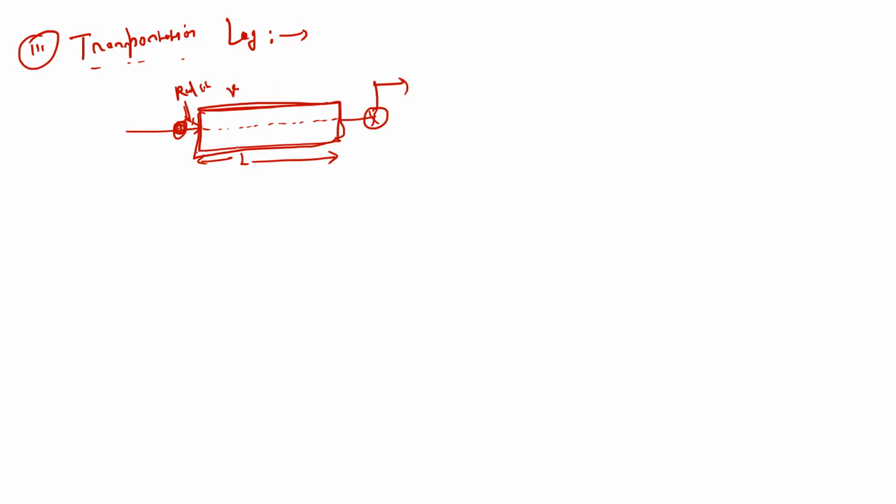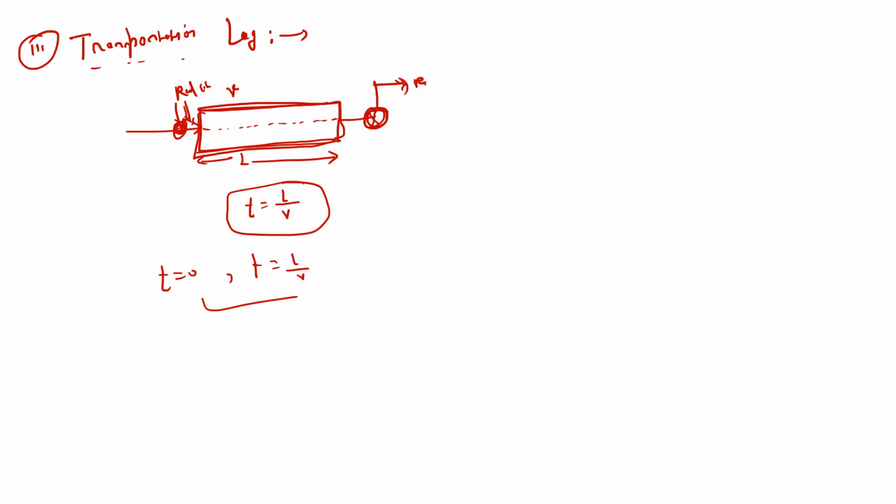So the time to cover this distance L is L divided by v. So if at t equals 0 you are injecting here, then after t equals L by v, you will see the color over here. So the output is getting delayed by a time tau. That's why this is called the transportation lag, right?